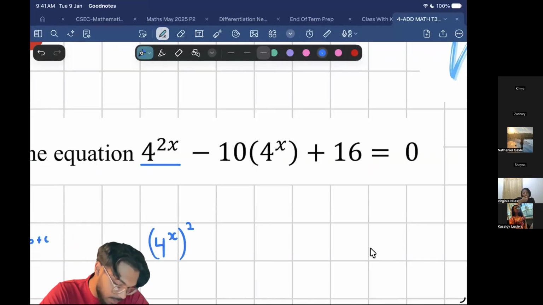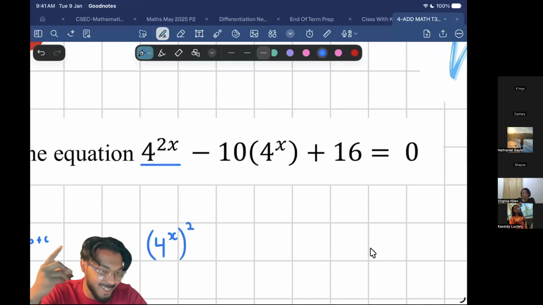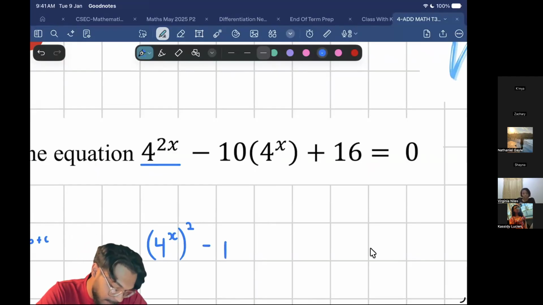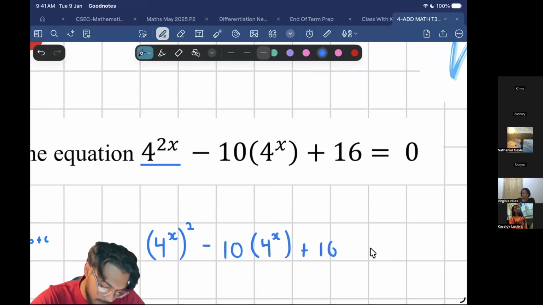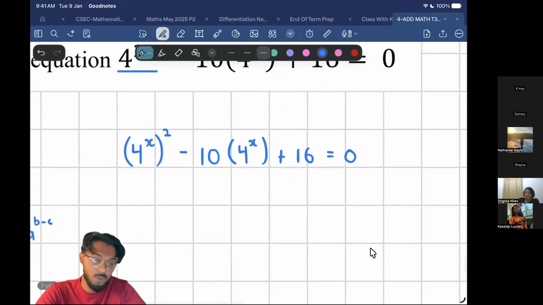You hear it when you say it, right? Are you all seeing 4 to the power x in more than one spot? Yes, sir. So we could make a substitution.